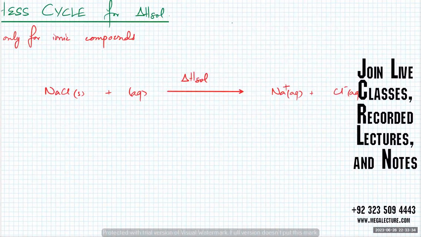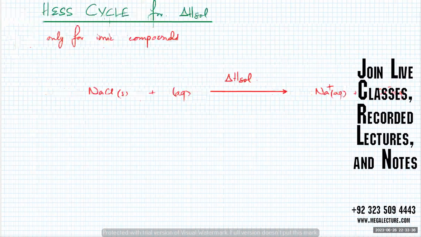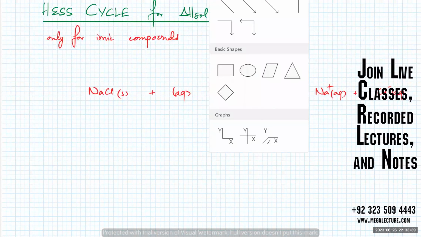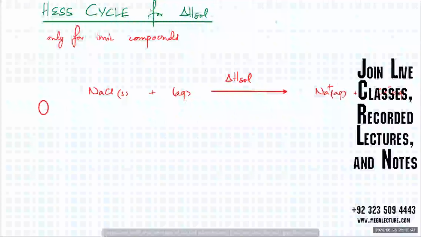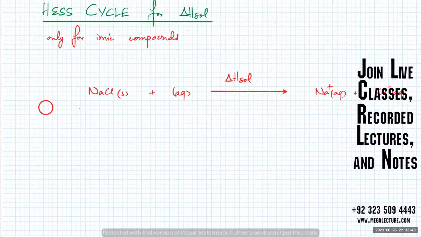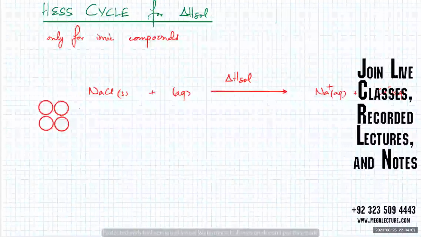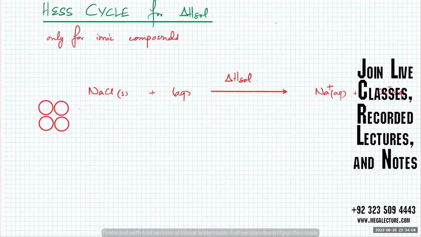Now to dissolve this salt crystal, imagine this crystal where you've got positive and negative ions all grouped together. So you're going to have a bunch of these sodium and Cl ions, all attracted to each other, all very strongly ionically bonded to each other.